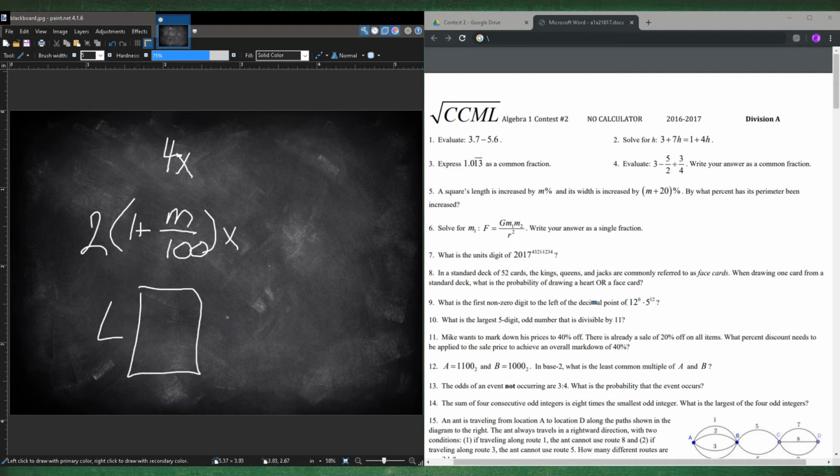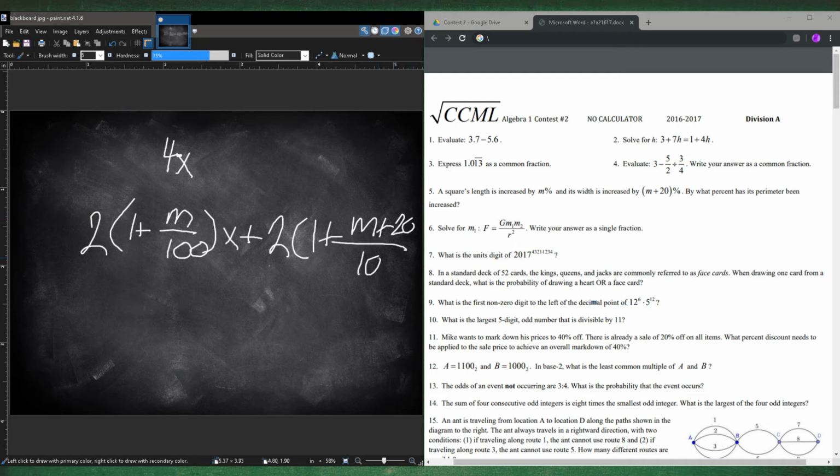So it's like this length, and now we just have to look for the width. And the width is increased by m plus 20%. So this one is 2 times 1 plus m plus 20 over 100 times x, right? So now you get 200 plus 2m over 100 x, plus the other one, which is 2m plus 40 over 100.